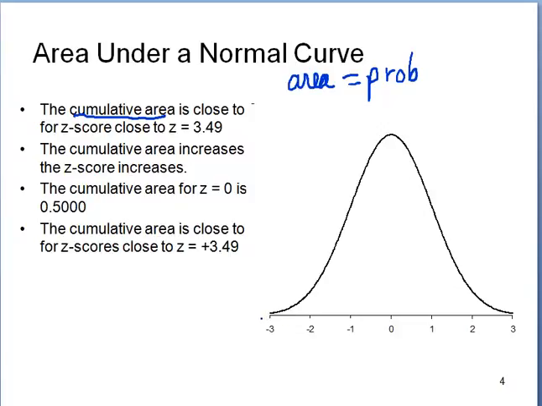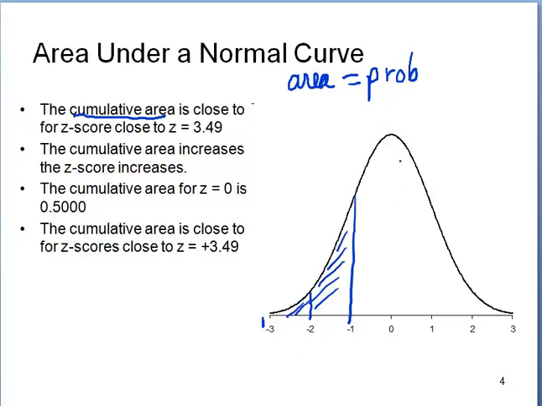If I have a point that is out here at -3.49, the cumulative area, anything less than or equal to that, is very close to 0. As the z-score increases, the cumulative area also increases. The cumulative area that is less than -1, that's this area here, is greater than the cumulative area at -2.